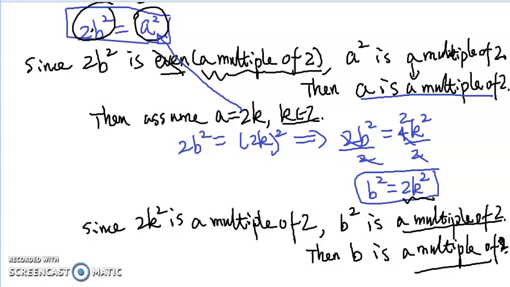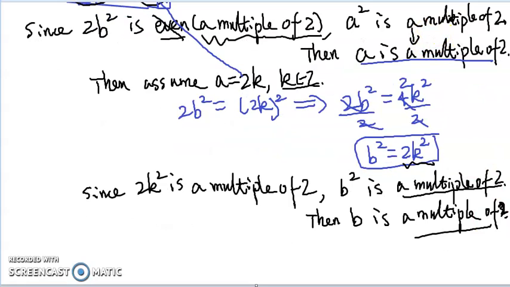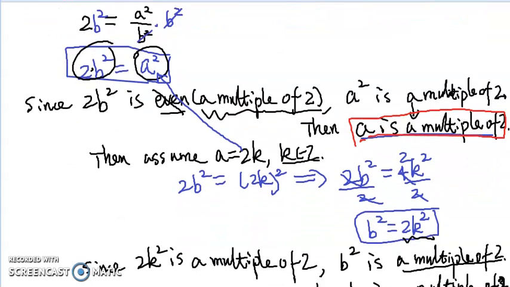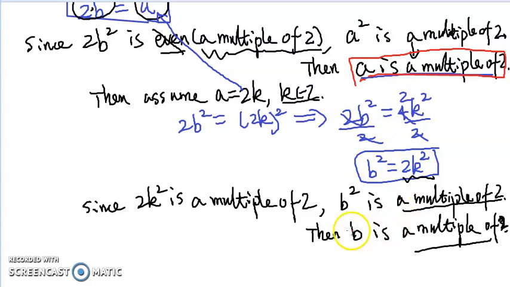You can also use this statement for other numbers, even if it's a 3 or 5. Okay, here's the contradiction. Previously, using this equation, we got a conclusion that a is even, or a multiple of 2. And using this equation, I got a conclusion that b is also a multiple of 2.